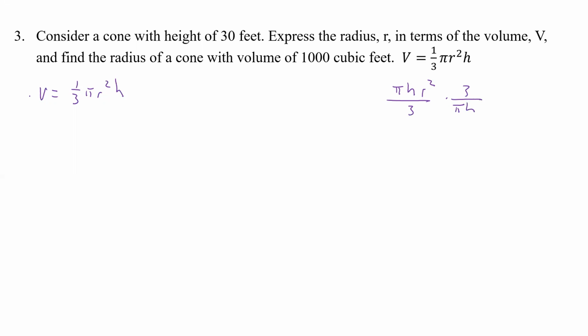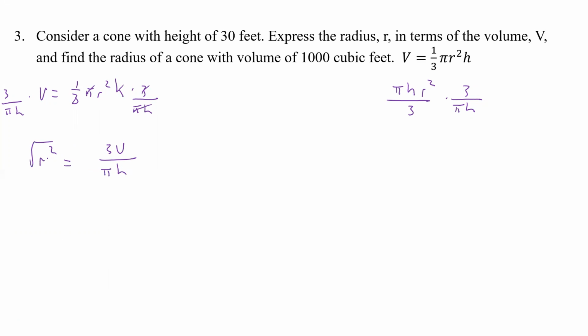If we multiply both sides by 3 over pi h, that gets rid of all of those things. We can do it all in one step that way. We don't have to do it in multiple steps. And so, we're left with r squared equals 3v over pi h.